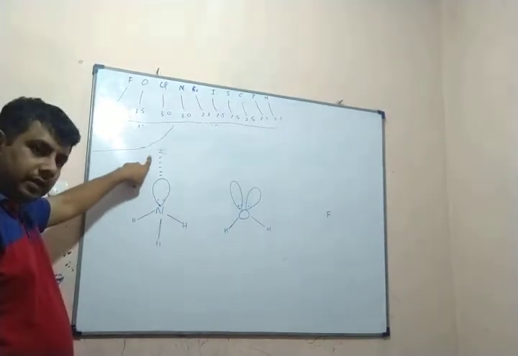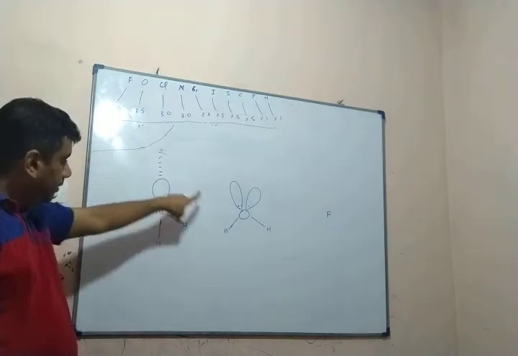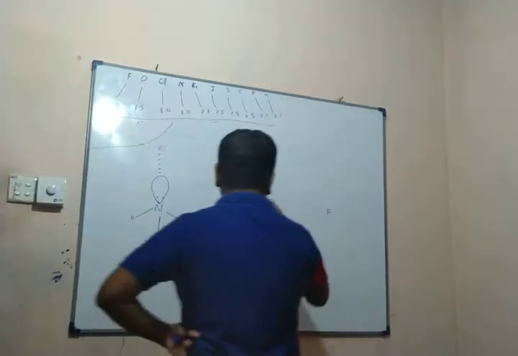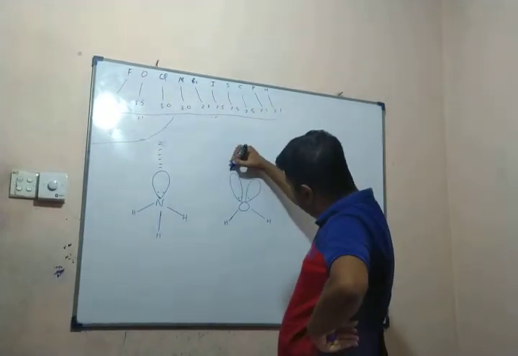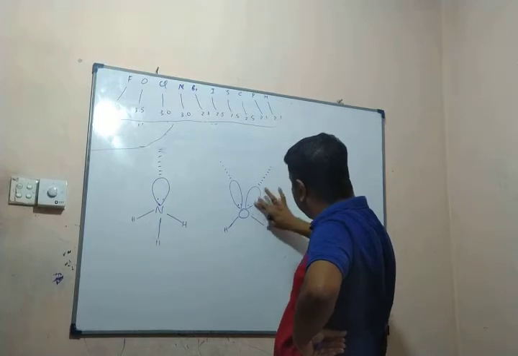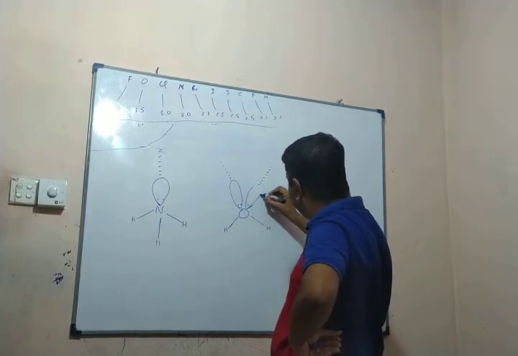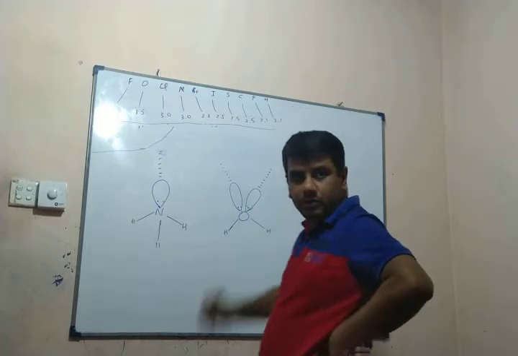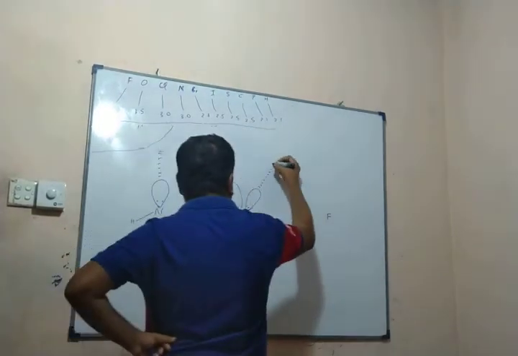This lone pair forms one hydrogen bond. Okay, what about here? There are two lone pairs. So they form two hydrogen bonds. Right? Two lone pairs, they form two hydrogen bonds. Right?